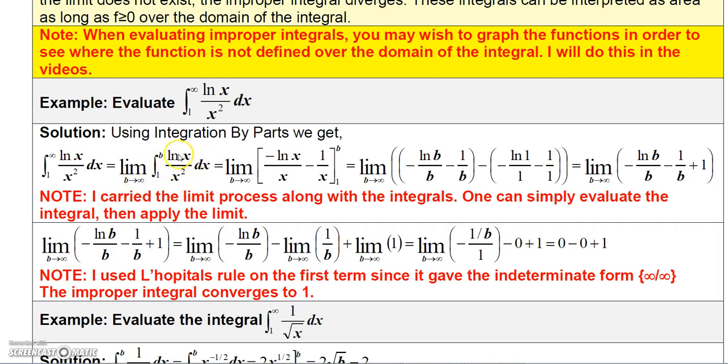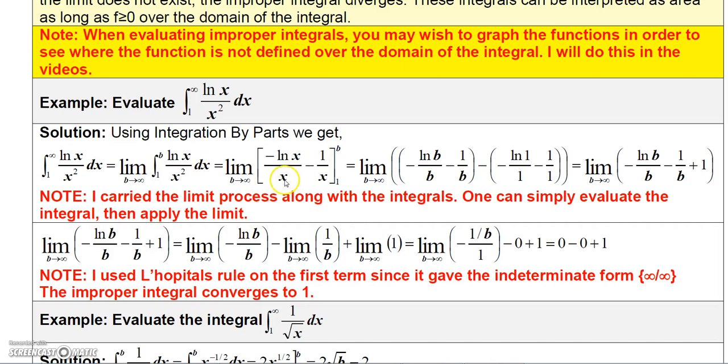If you integrate natural log of x over x squared, you can do this by integration by parts on scratch paper, and you'll get minus the natural log of x over x minus 1 over x, from 1 to b.